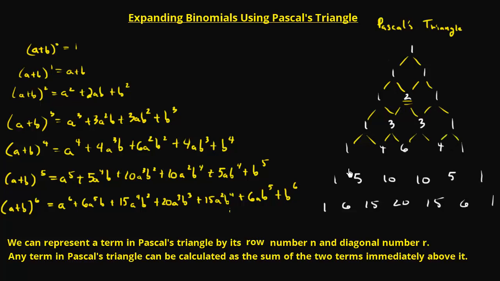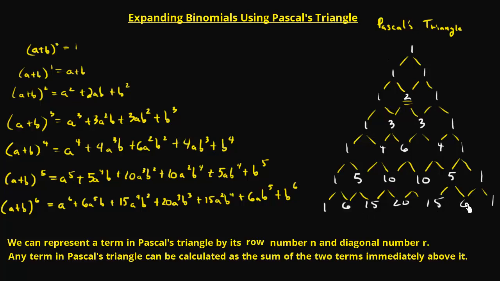And this is incredibly useful because it's really quick to come up with the entries in Pascal's triangle, and then we can use the entries in Pascal's triangle to expand binomials, because we know that the coefficients when we expand binomials are going to be the entries from that row in Pascal's triangle.